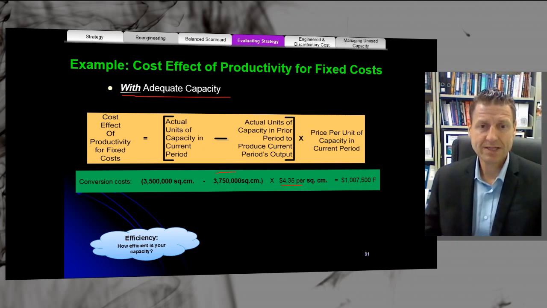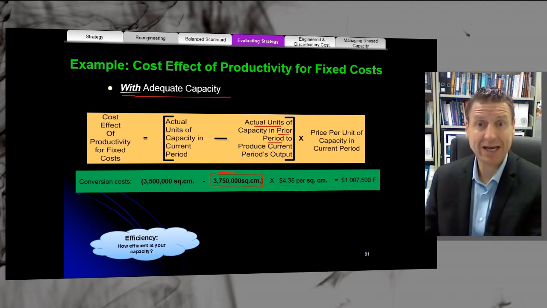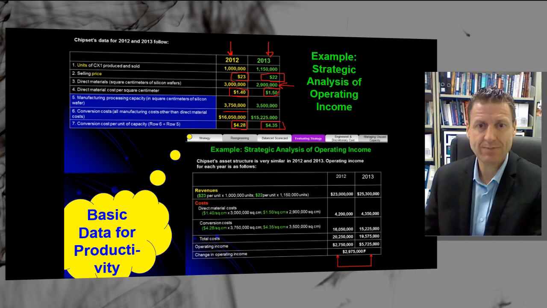So this is our baseline number, and it's always related to the prior period: actual units of capacity in the prior period to produce current period's output. So how did we get this? Well, it's in the original data, and let me flick back for you, and there we have 3.75 million square centimeters. You know that it's direct, it's not a formula.